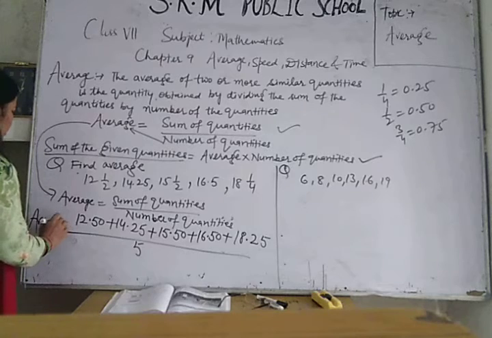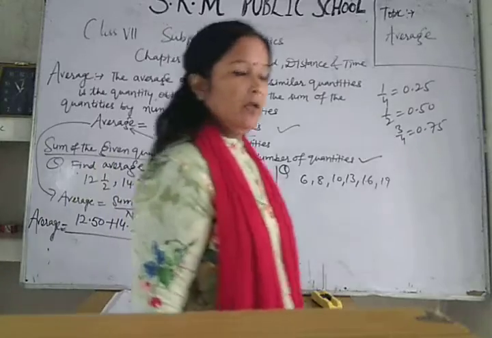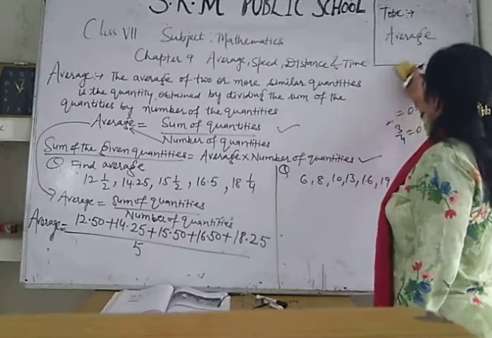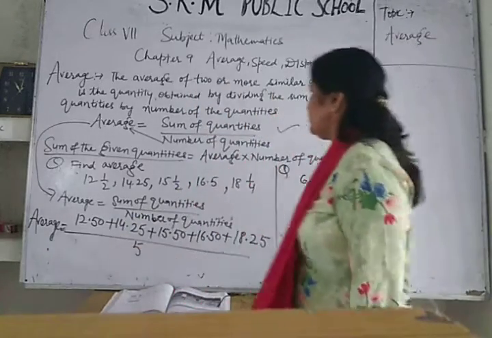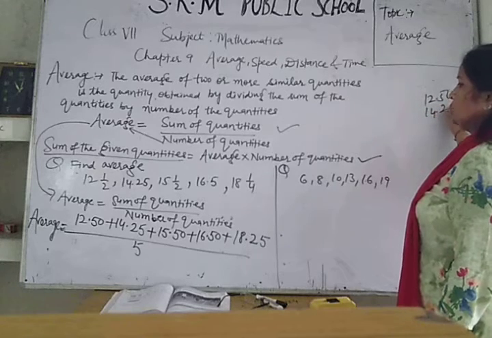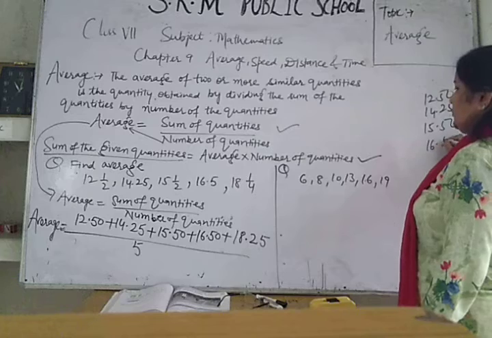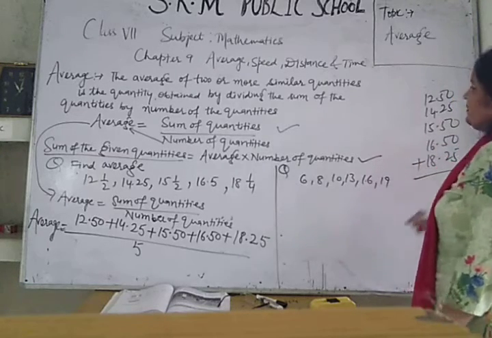Now take out your notebook and add all these decimal numbers: 12.50, 14.25, 15.50, 16.50, 18.25. Add it. Hurry up.